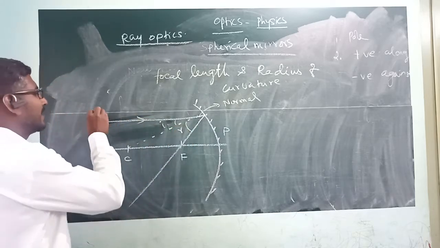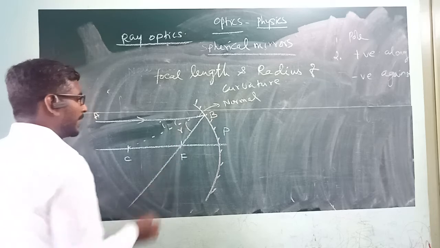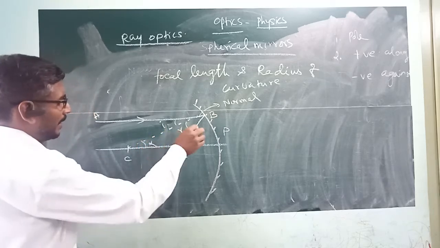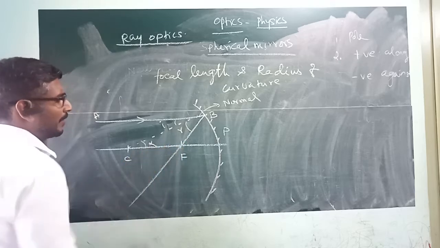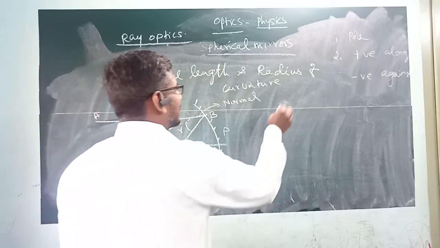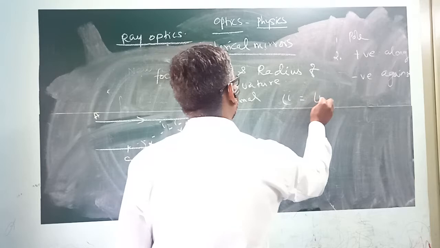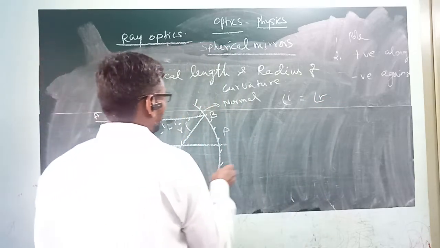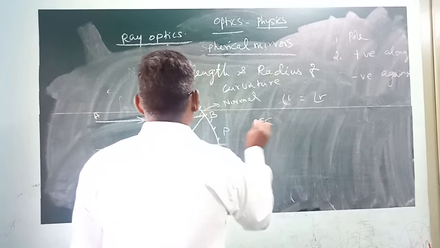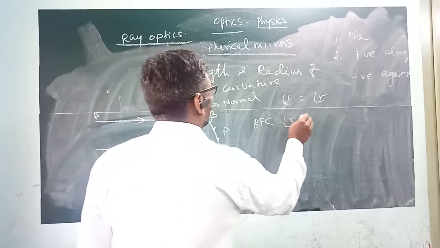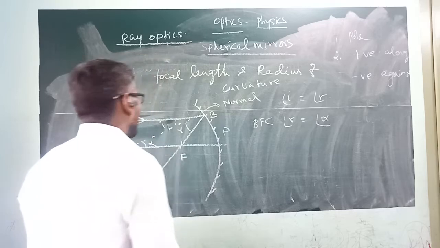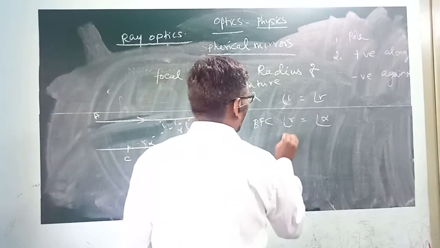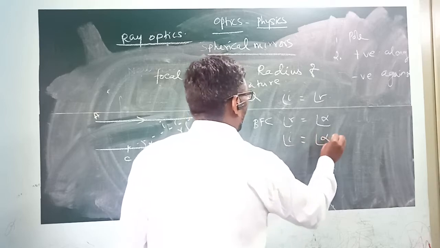I am considering the incident ray as A and B. I am considering the angle formed in this triangle BFC as alpha. From the laws of reflection, the angle of incidence is equal to the angle of reflection. From the triangle BFC, I can say the angle R is equal to angle alpha. And similarly, the alternate angle I is equal to angle alpha.